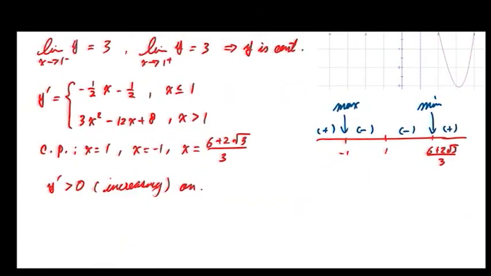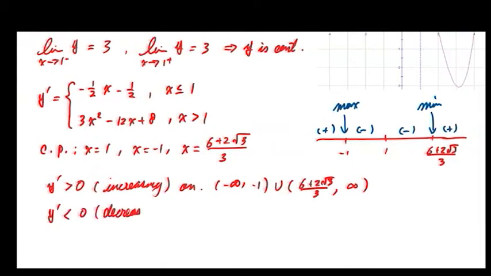So we can say this is increasing on negative infinity to -1, and union that with 6 plus 2 root 3 over 3 to infinity, and y prime is negative, which means decreasing, on between -1 and 1.